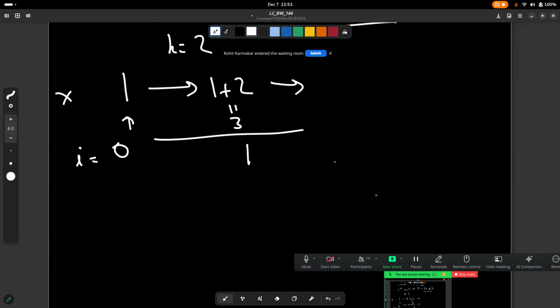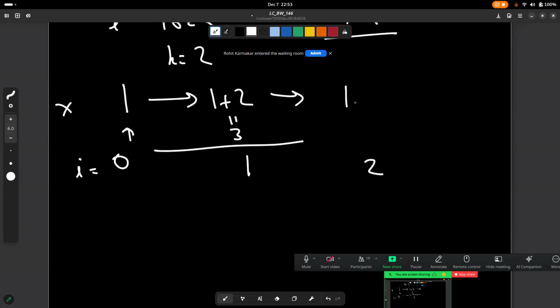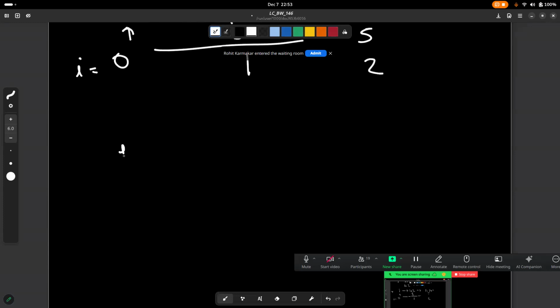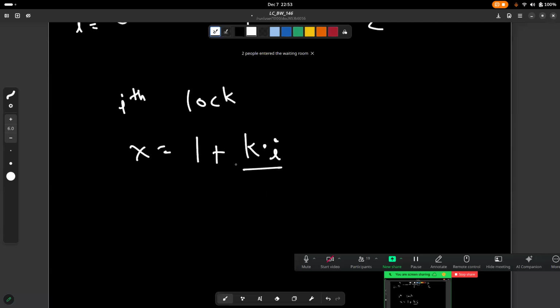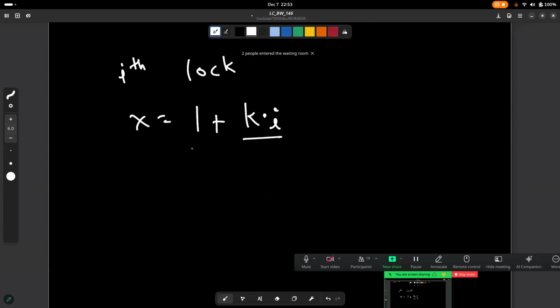For i is equal to 2, this becomes 1 plus 2 into 2, that is 5. So for the ith lock, value of x is equal to 1 plus k into i. Why this? Because you have broken i locks to reach over here, assuming zero-based indexing, and so you have had k increments to x. So this is your value of x.